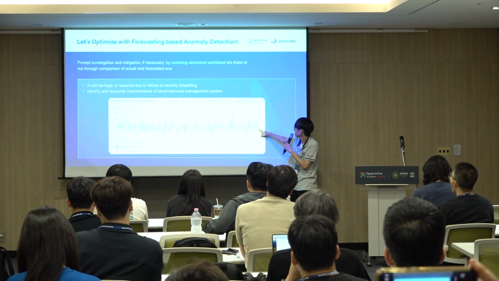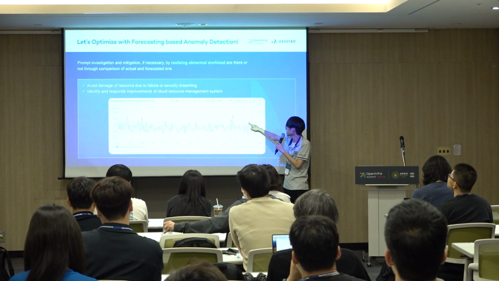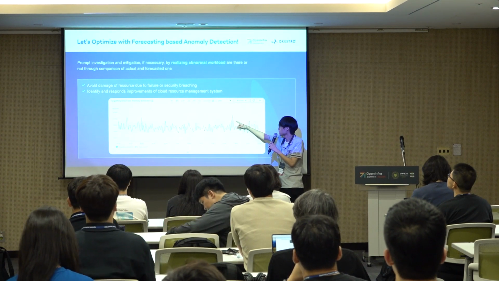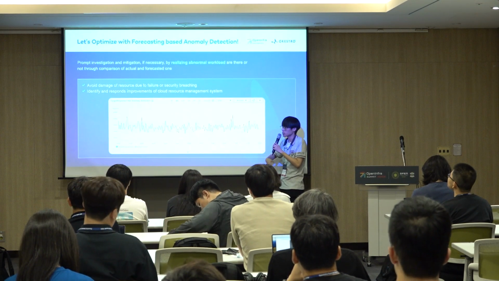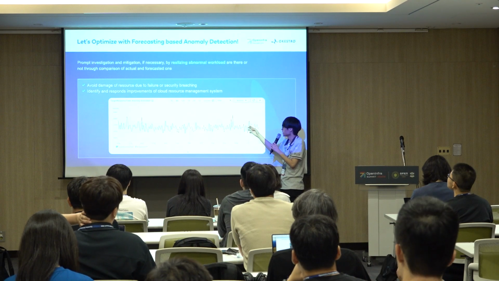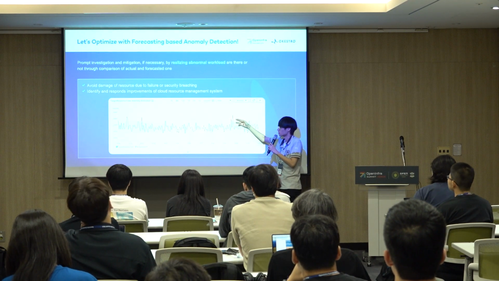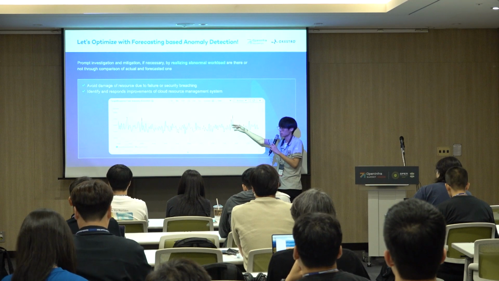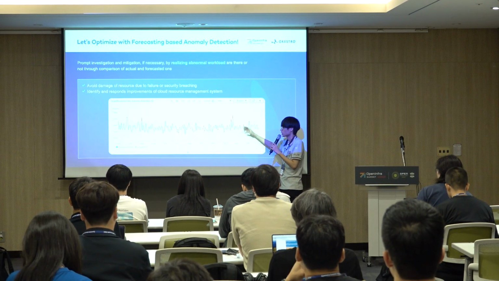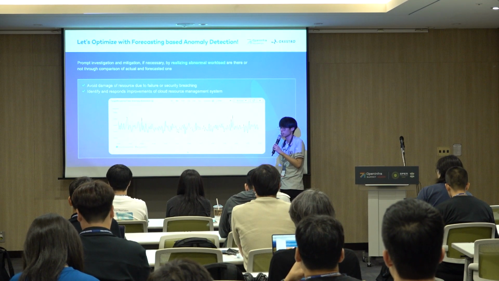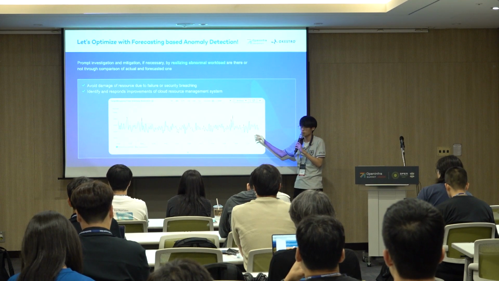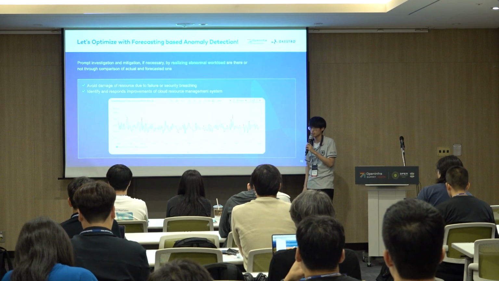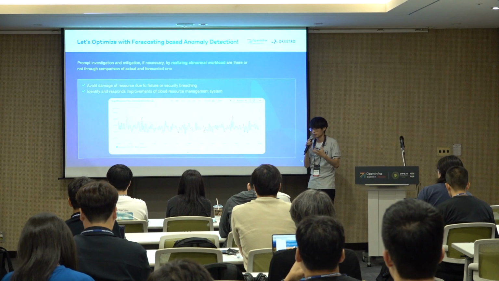The violet line is the forecast and the red point is outside the forecast. When we see something strange or unexpected like this, we can check and investigate it, and if it causes some unnecessary cost, we can save that too.